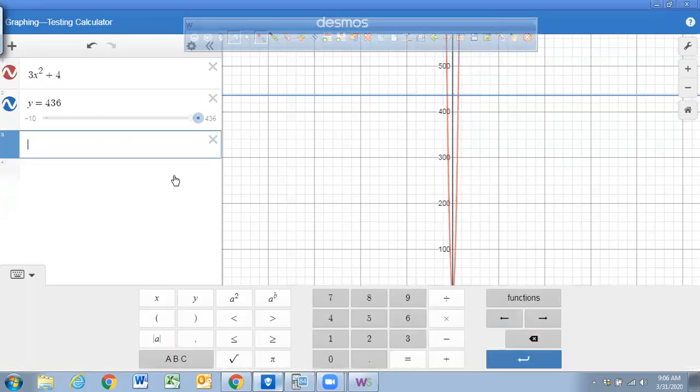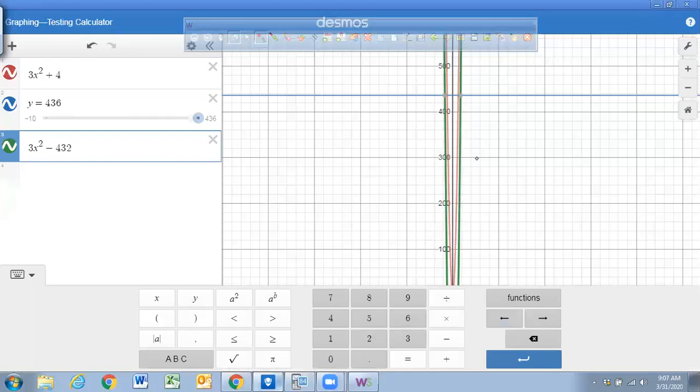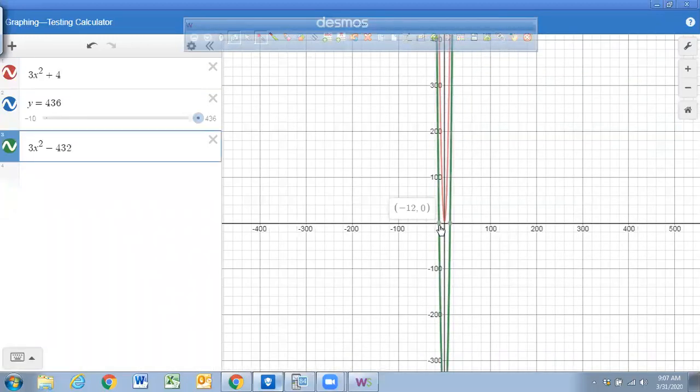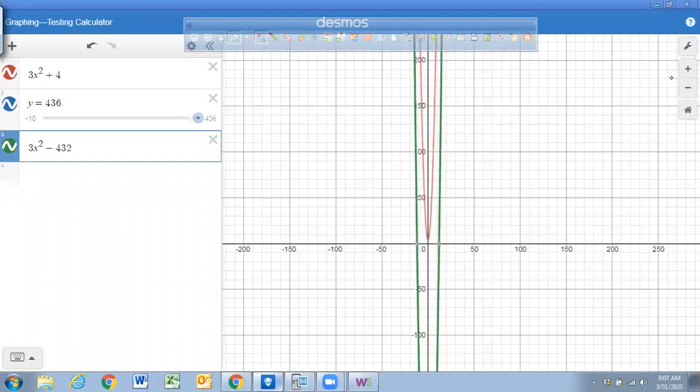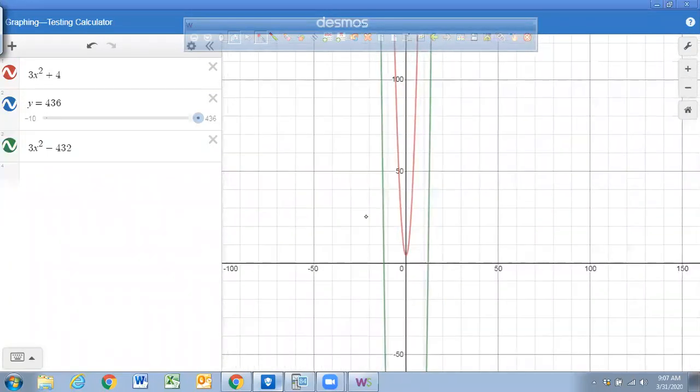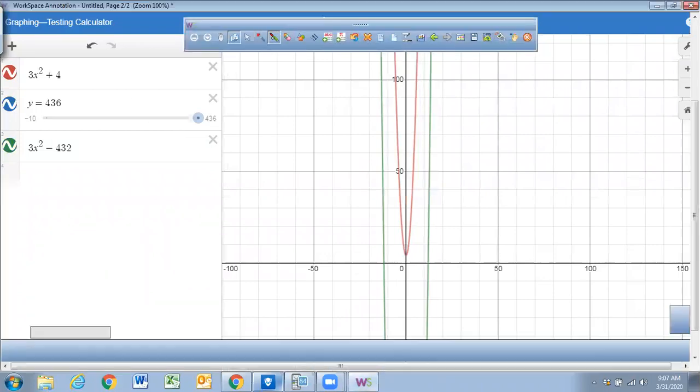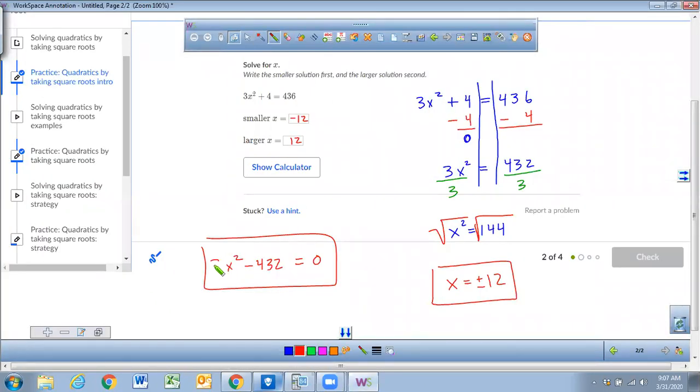You could say 3x squared, and then you'd have to take 436 away from both sides. That becomes minus 432. And then if you go down here, you can find the zeros at negative 12 and positive 12. All right. So one way, what are you going to have to do? One way, you're going to have to set it equal to 0.